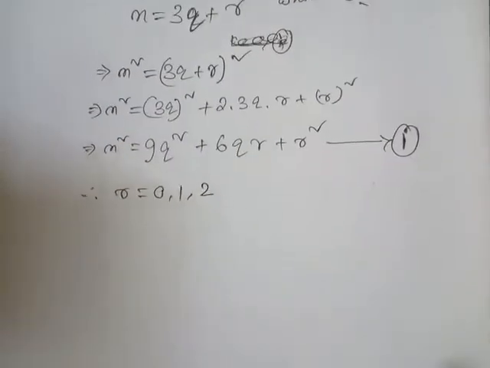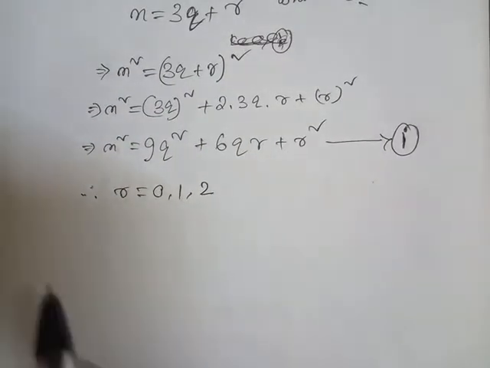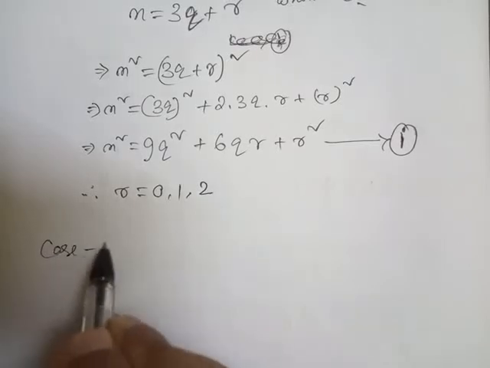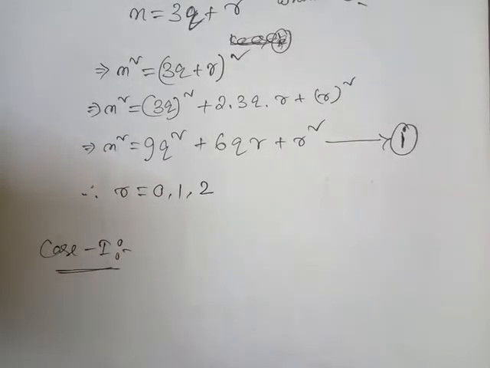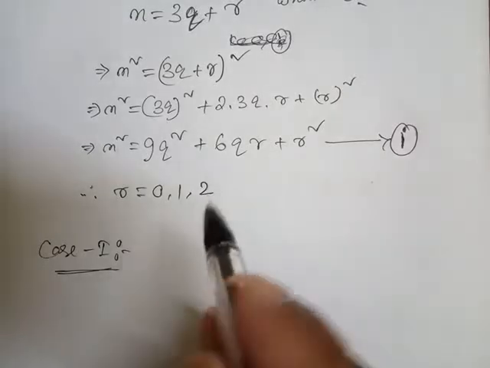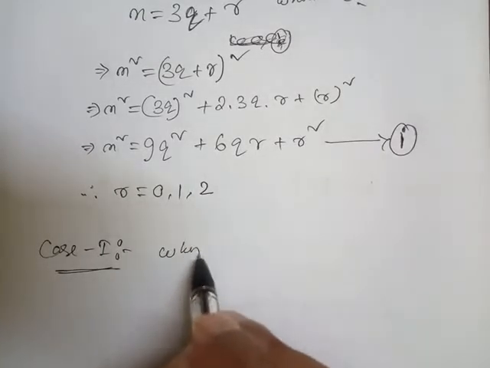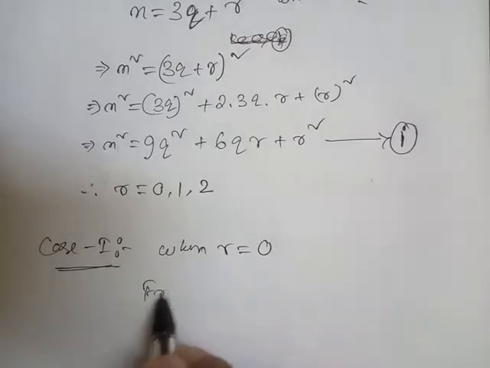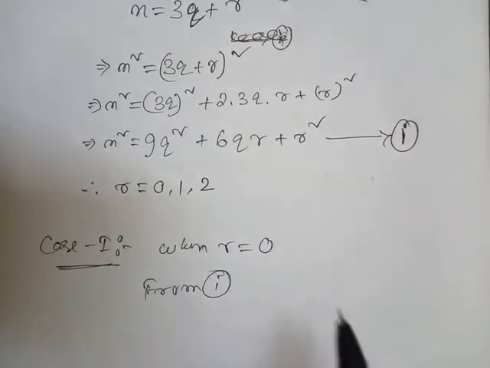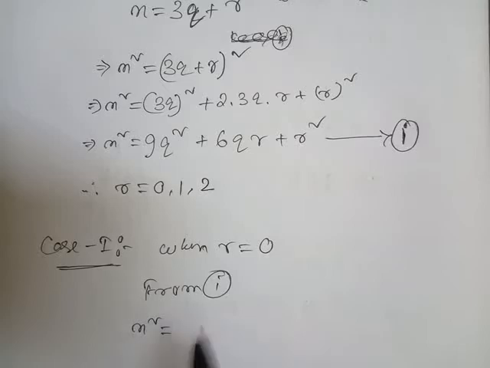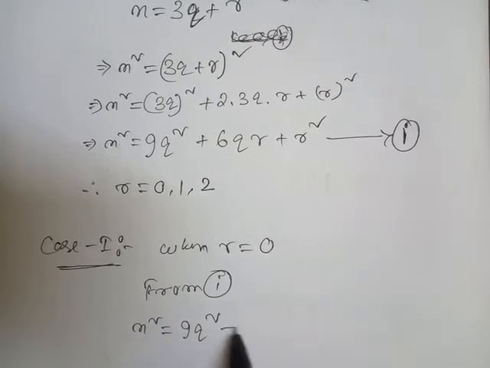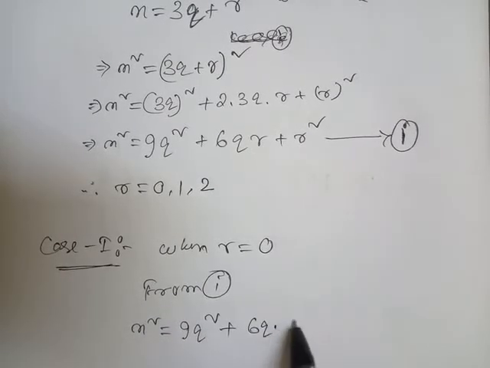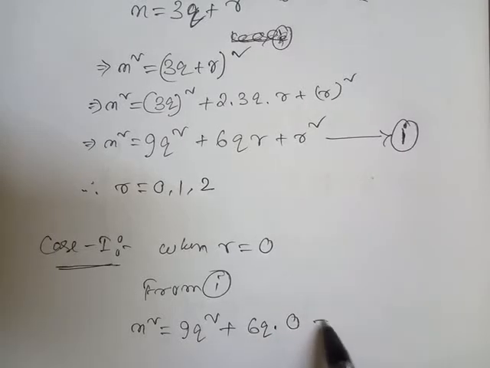First of all, case 1: r equals 0. Now if r equals 0, then from equation 1, n square equals 9q square plus 6q into 0 plus 0 square.